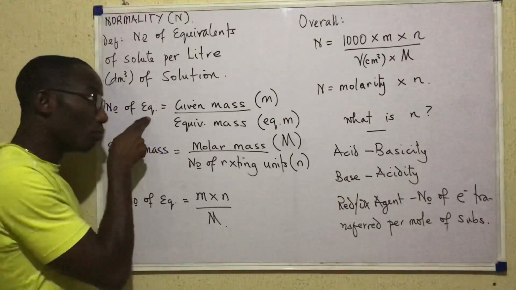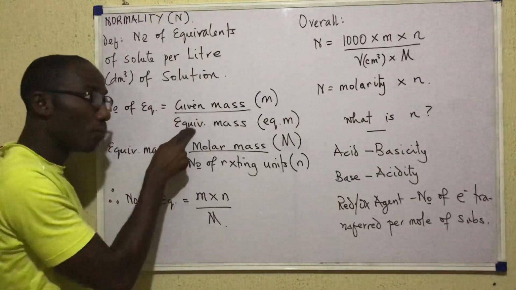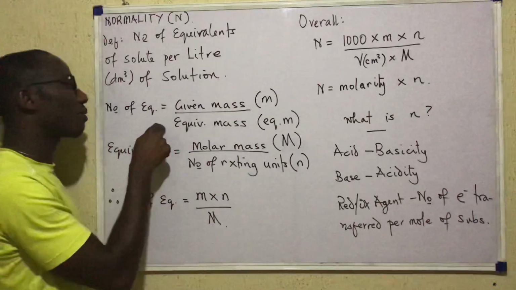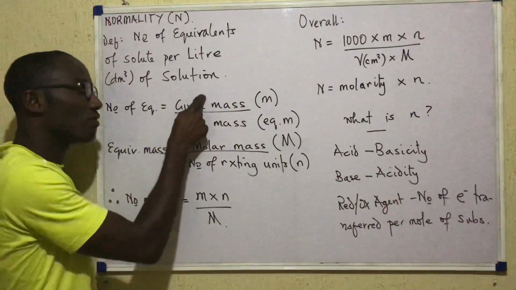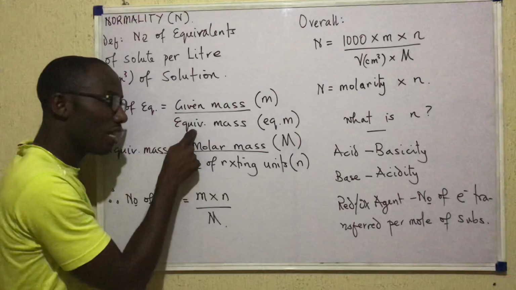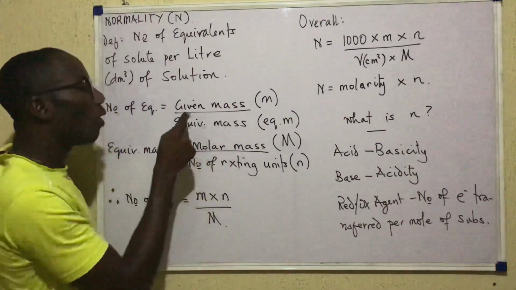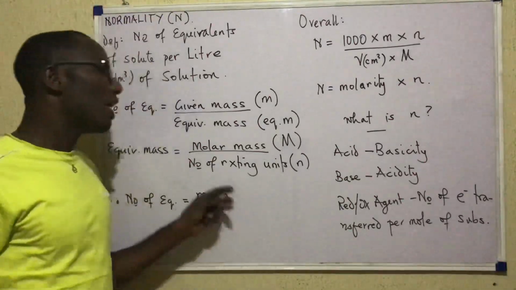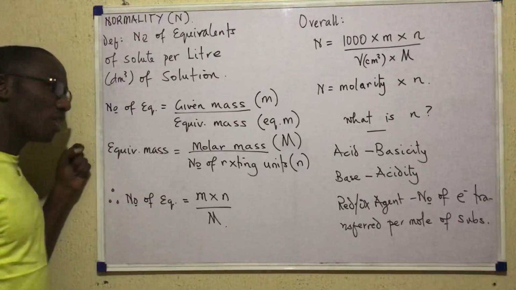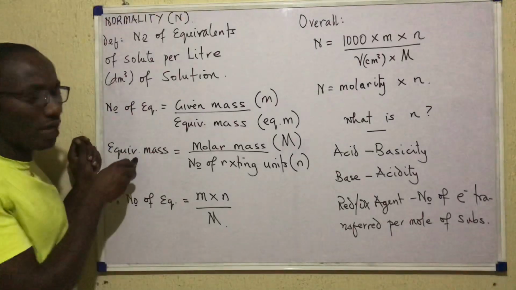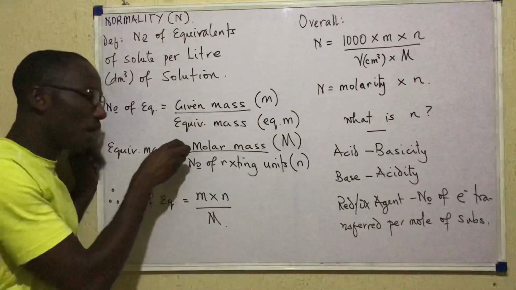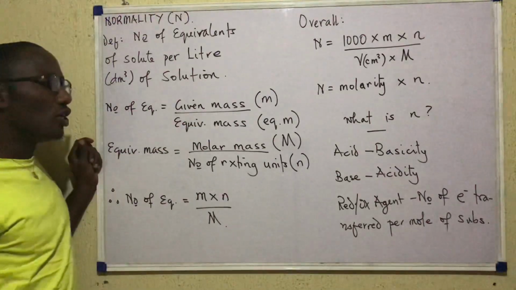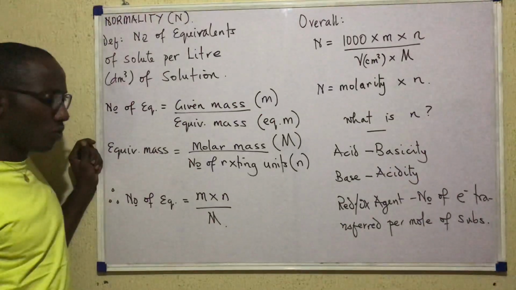So number of moles will be given as mass over molar mass. In like manner, number of equivalents is given as mass over equivalent mass. But unlike molar mass that we calculate from formula, equivalent mass or equivalent weight has its own formula. So equivalent weight is molar mass divided by number of reacting units.